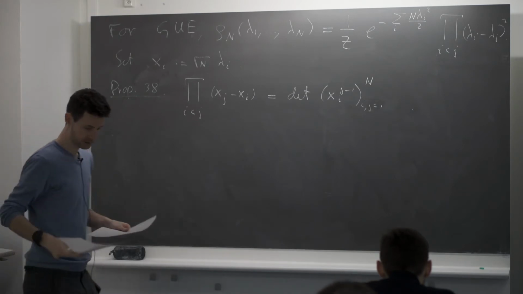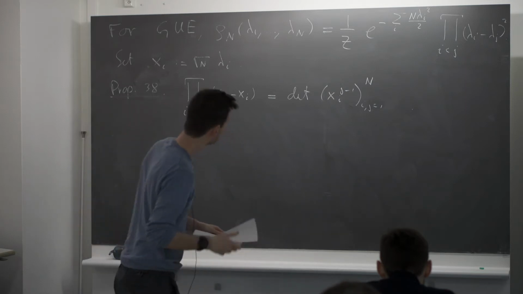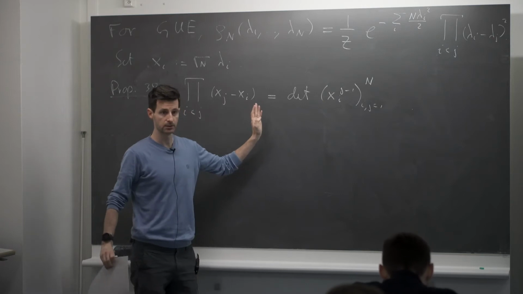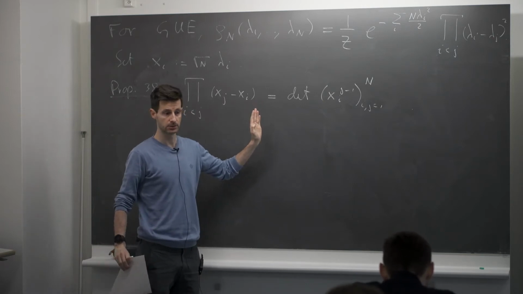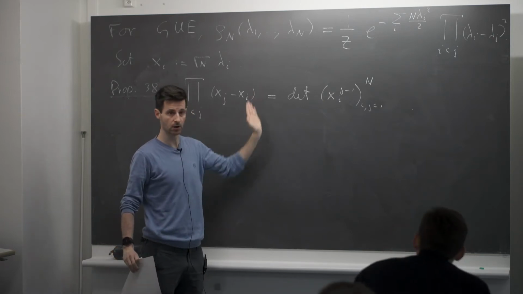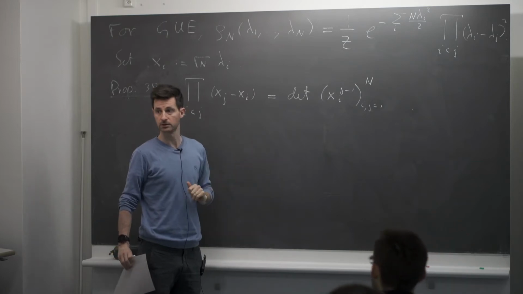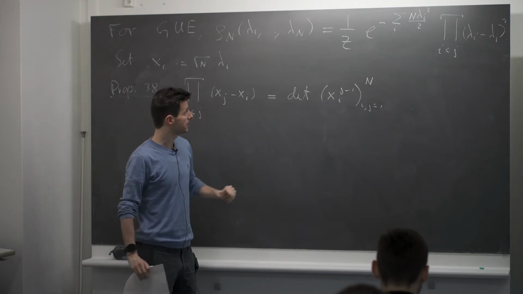And then by using some obvious facts about determinants. You know that in a determinant, if you add to any column a linear combination of the other columns, you don't change the value of the determinant.